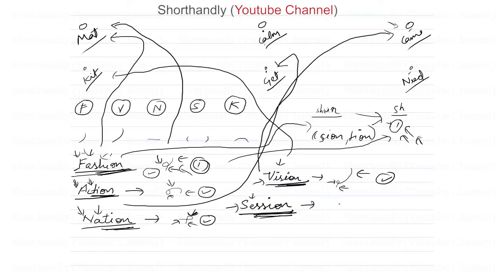This will be made like this. First we have S, then the E vowel, which is a small circle, then we have this final Shun. So this is our word session.